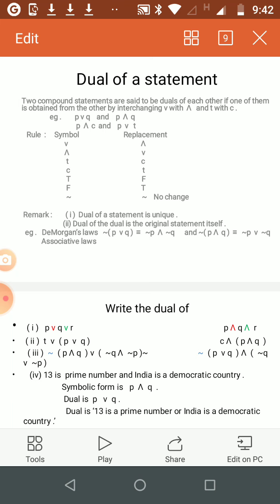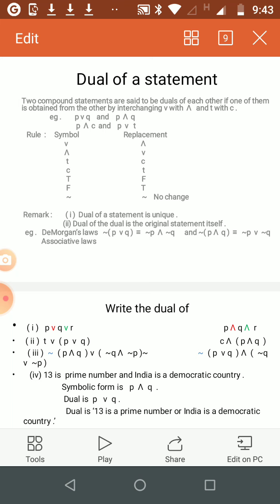Then we have two results. The dual of a statement is unique, and the dual of the dual is the original statement itself. Now in the next line we have two laws. These are De Morgan's laws. One is for and, and the second is for or, and we know that they are duals of each other because negation is the same on both sides.